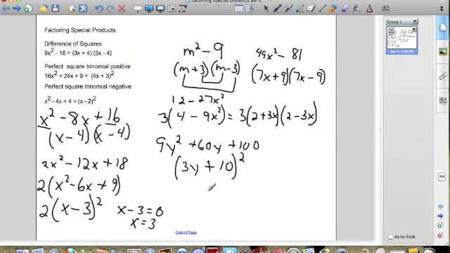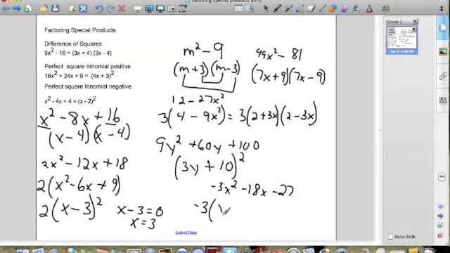Now you may get a situation where you have to factor out a negative. Let's say I have negative 3x squared minus 18x minus 27. We want to try to keep the a term positive, because it makes it easier when factoring. So in this case, I'm going to factor out a negative 3.